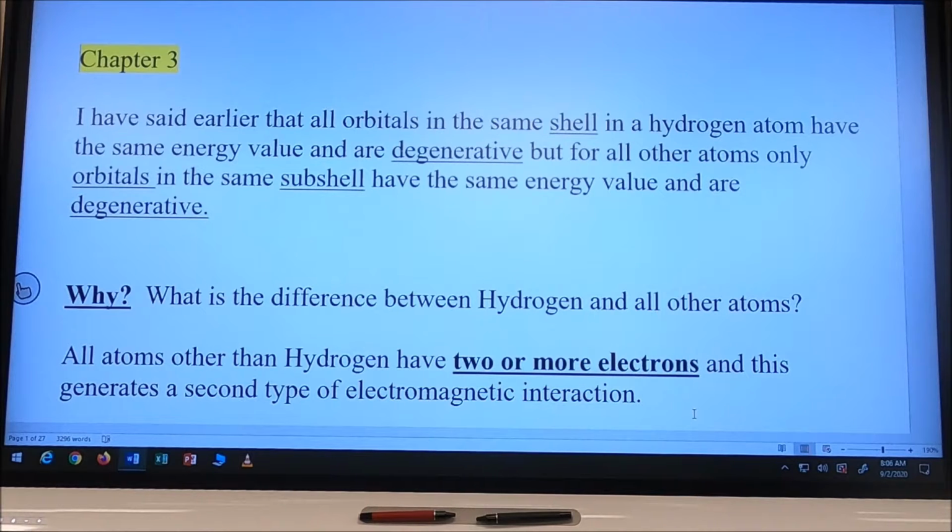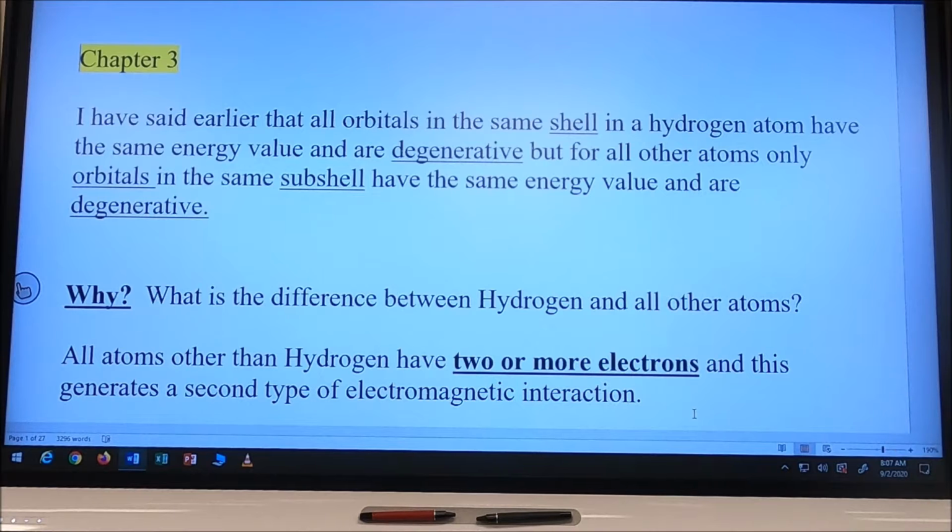So for hydrogen, in a hydrogen atom, all orbitals in the same shell have the same energy, and we call them degenerate. Degenerate here means have the same energy. But for all other atoms, okay, orbitals in the same subshell have the same energy.